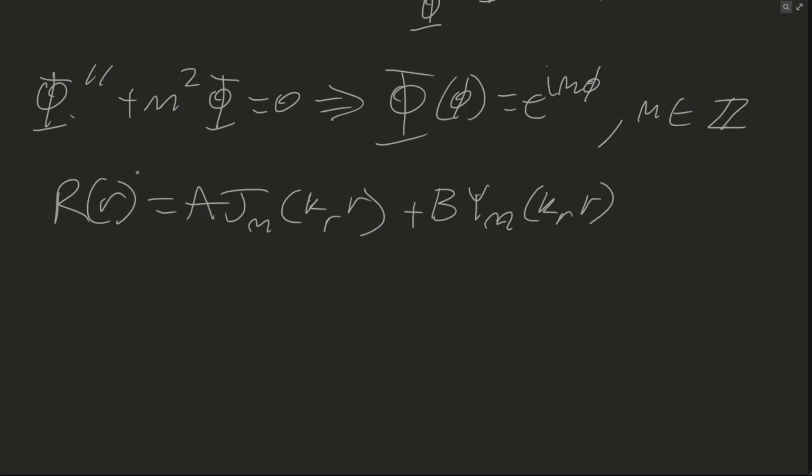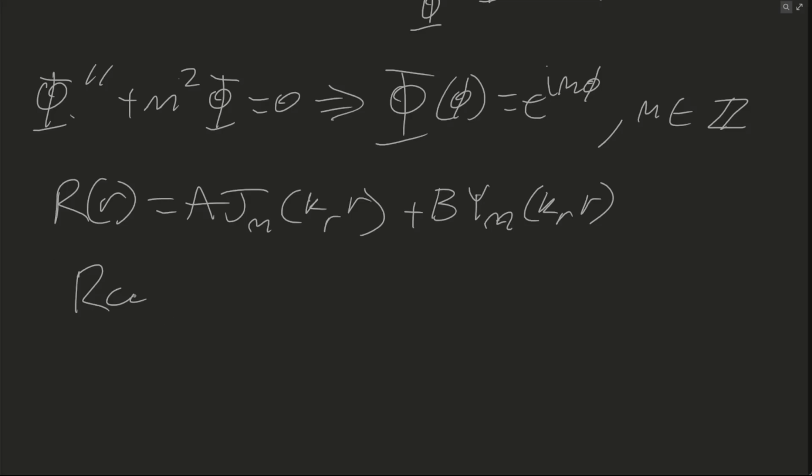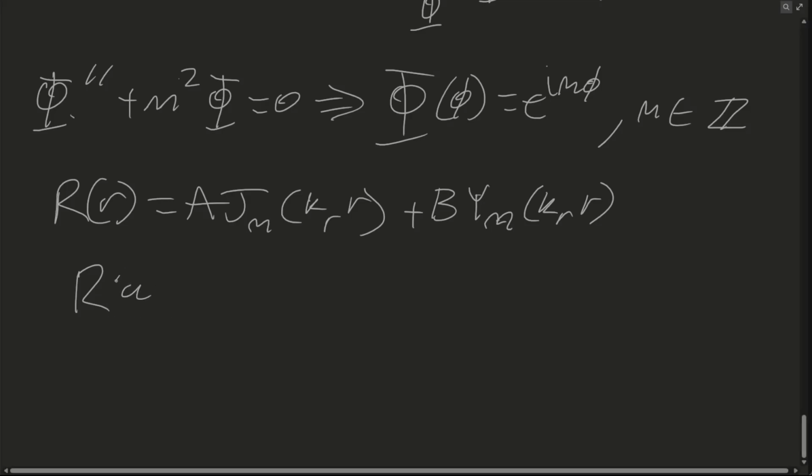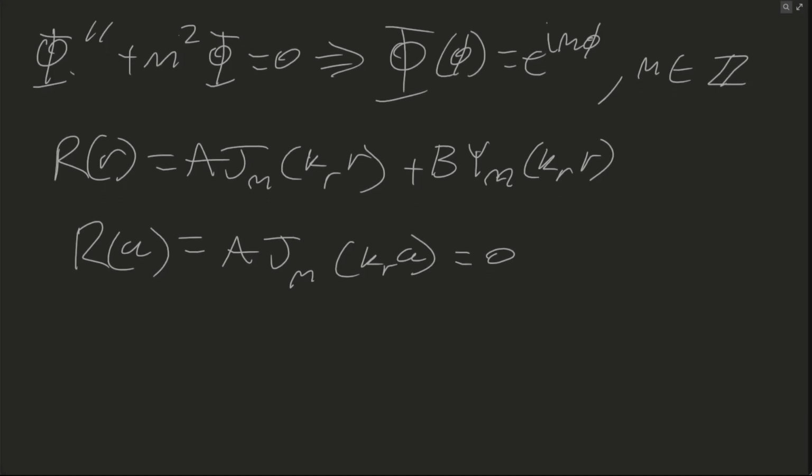We know the wave function must be physical, and we know that Y_m diverges when r is equal to 0. So if we set B equal to 0, we get that R of a, this is the cylindrical wall, R equals a, is equal to A J_m of k_r a, and that's equal to 0 because that's the wall, you know.